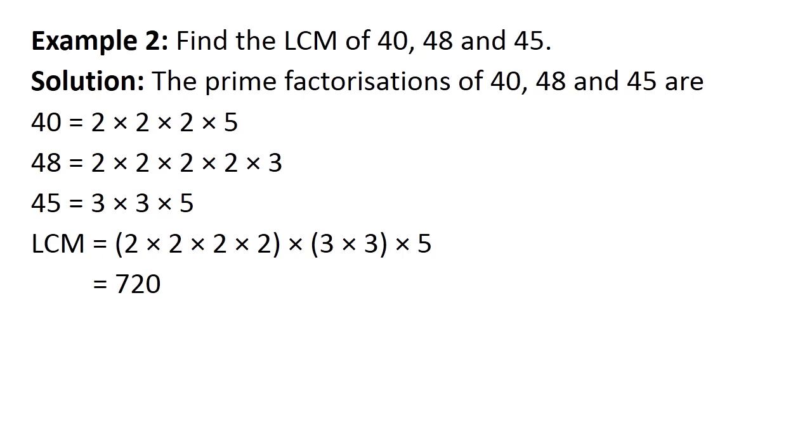So LCM is equal to 2 multiplied by 2 multiplied by 2 multiplied by 2 multiplied by 3 multiplied by 3 and multiplied by 5, that is 720.